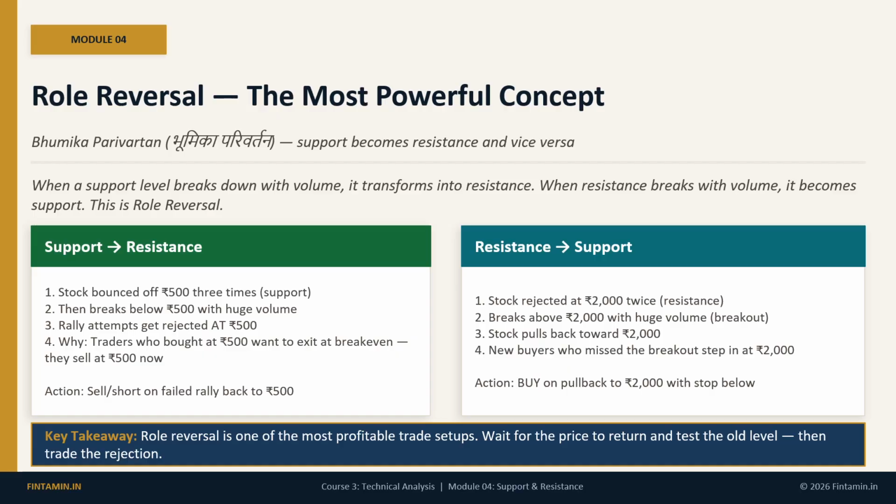Traders who understood role reversal bought the pullback to 18,000 with a clear stop loss just below it. Beautiful, high probability trade. Role reversal setups are among the cleanest, highest probability trades available. Watch for them constantly.